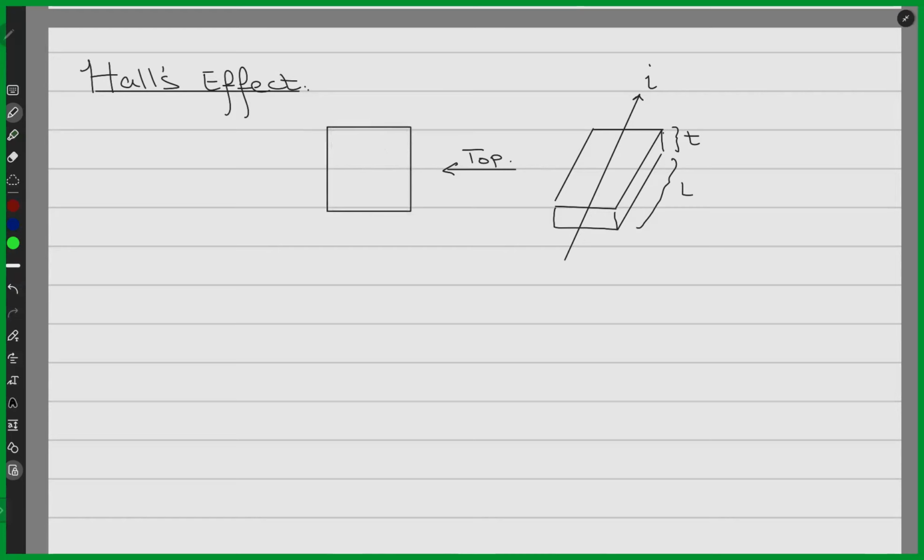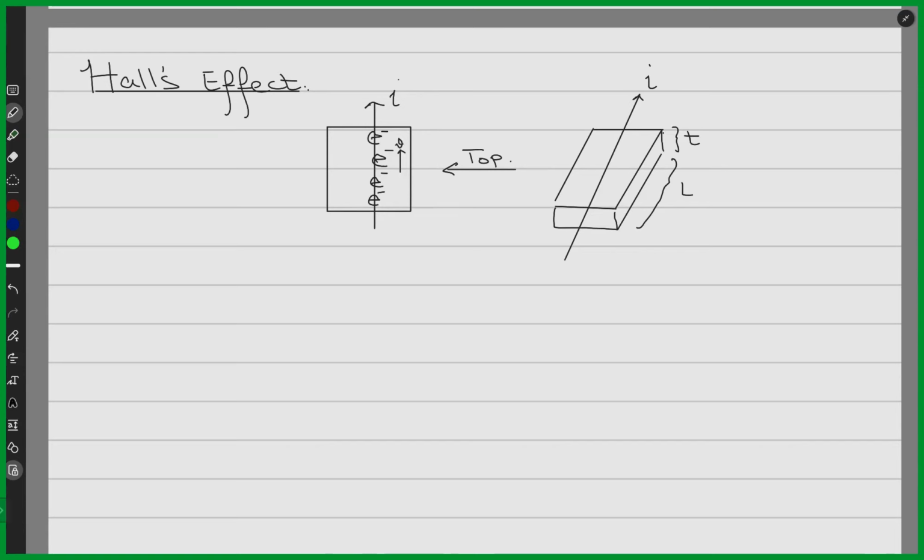Now, the current is going in this direction, which means that I have a lot of electrons that are moving with some velocity v in this direction. So this is the original scenario.